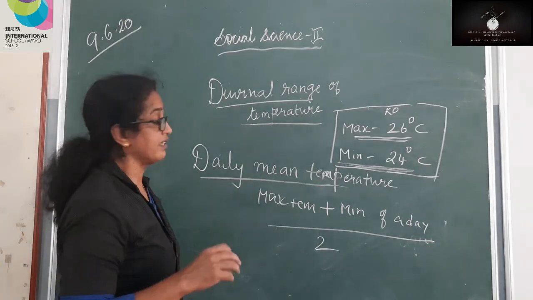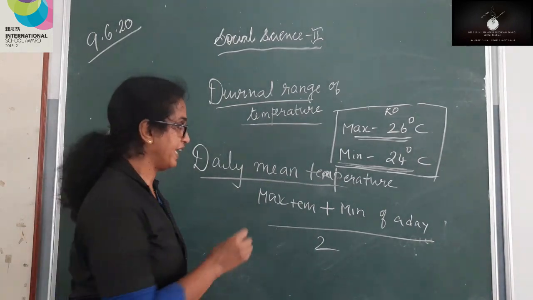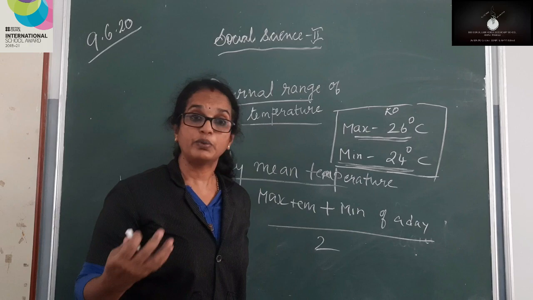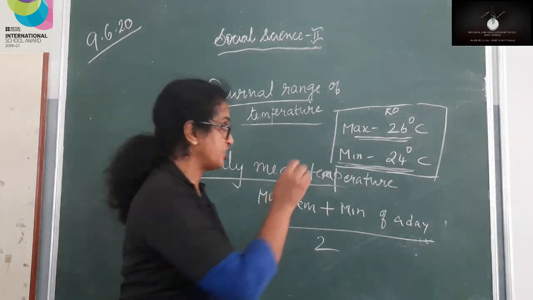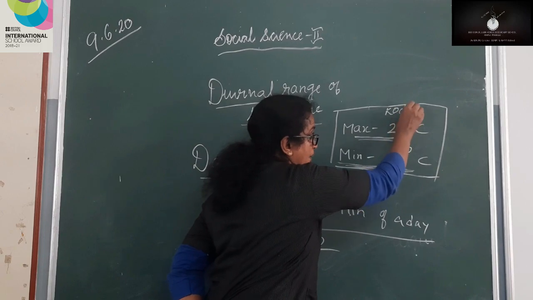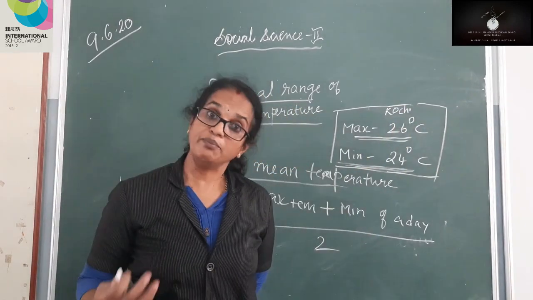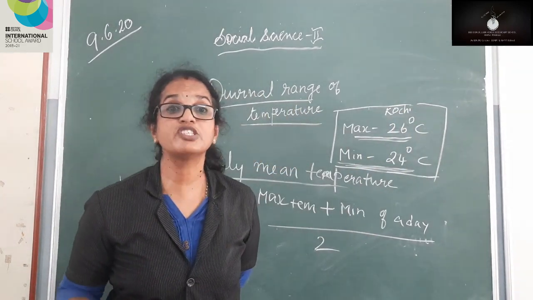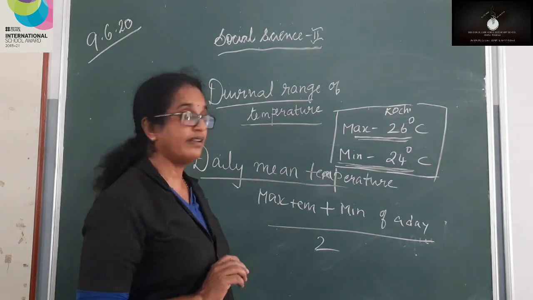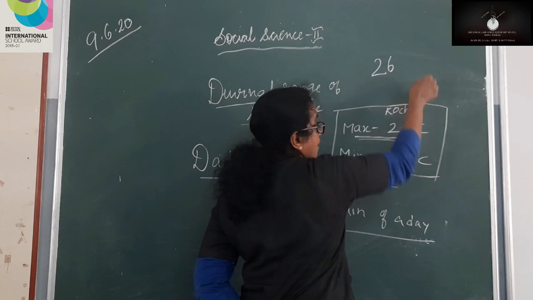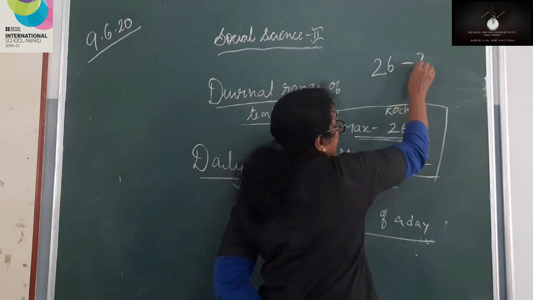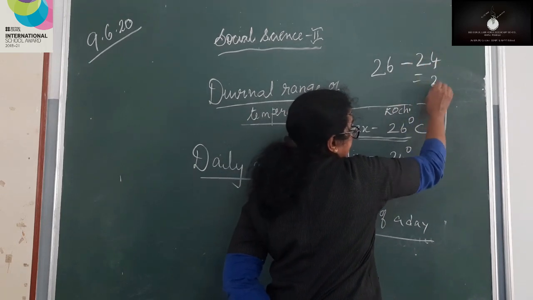For an example, for a little more clarification, if a question is asked to calculate the diurnal range of temperature, and you have been given Kochi's maximum temperature and minimum temperature, it is very simple. You have to subtract: 26 minus 24 is 2 degrees Celsius.